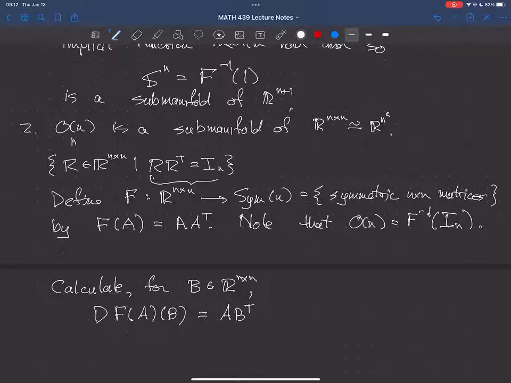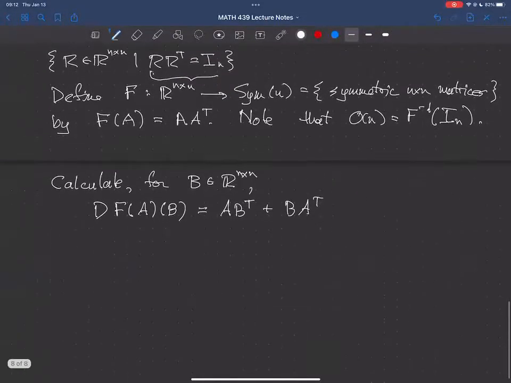Then I'm going to differentiate with respect to the first argument, leaving the second argument fixed, and that gives me B A transpose. So that's the derivative of my function F at A in the direction of B.